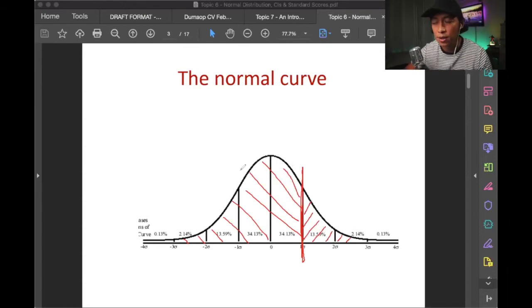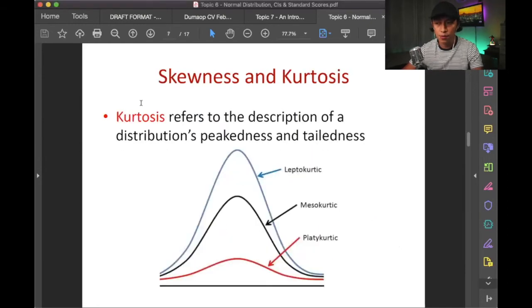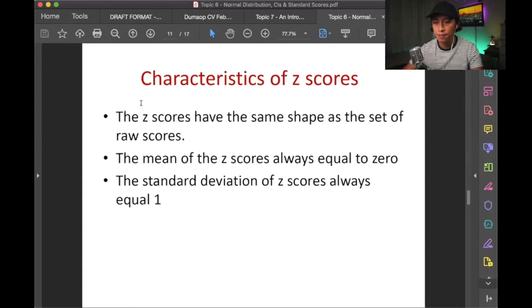If we ask what is the probability of randomly drawing a value lower than this raw score, then we can also determine that probability, which is numerically similar to the value of this particular proportion of the entire distribution. So those things can be done with our knowledge of the normal distribution and z-scores. So far, that's what we discussed last time.